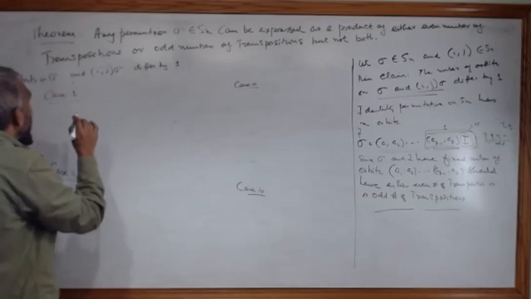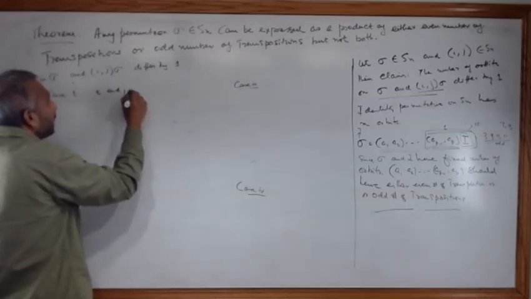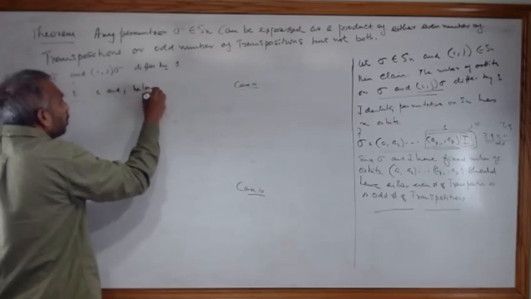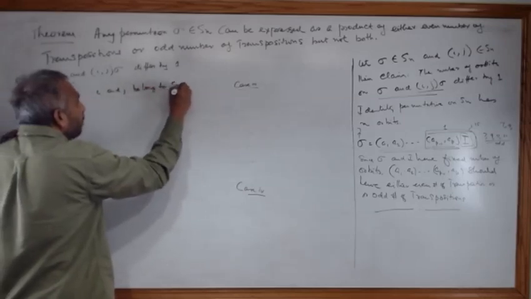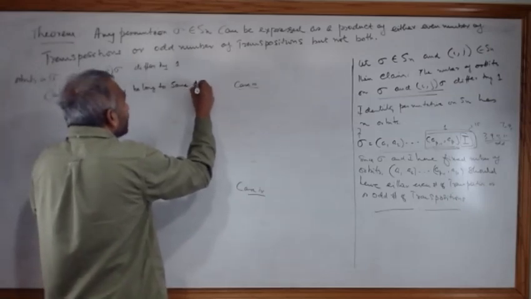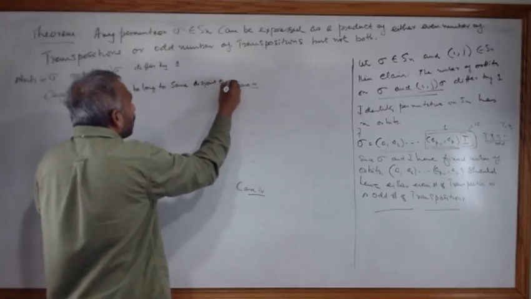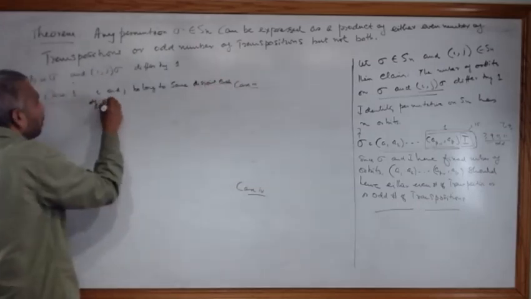So let us first assume that i and j belong to the same disjoint cycle of sigma.